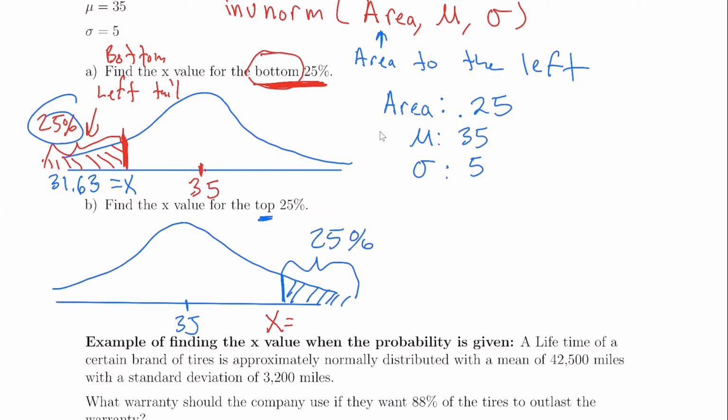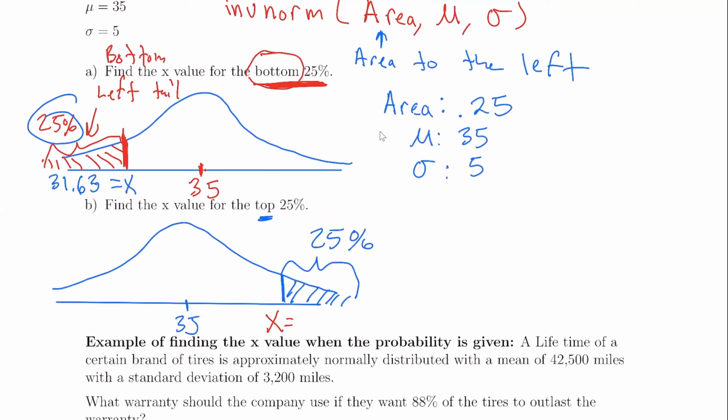If you remember from the beginning of this topic, when the TI-83 or 84 wants the area, it always wants the area to the left. If you put 0.25 as your area, it's going to give you the answer from part A, which will be the wrong answer, because 31.63 is over here. That's not the top 25%.